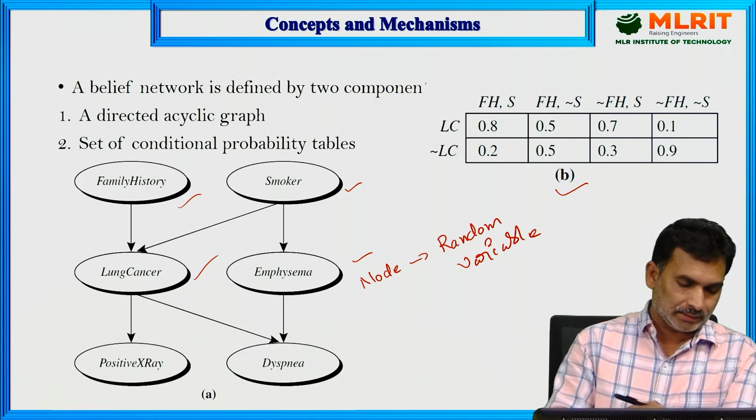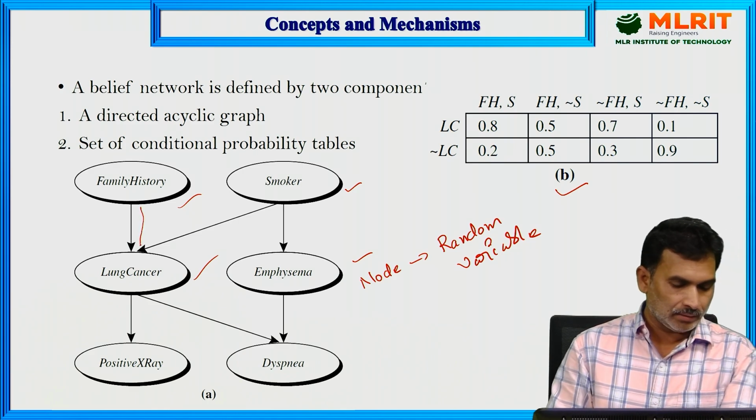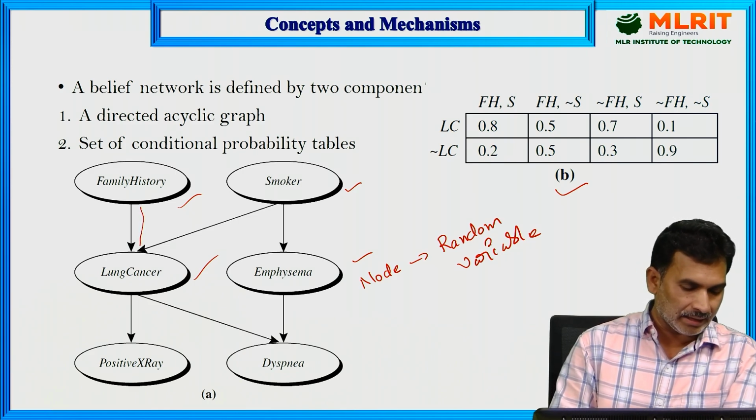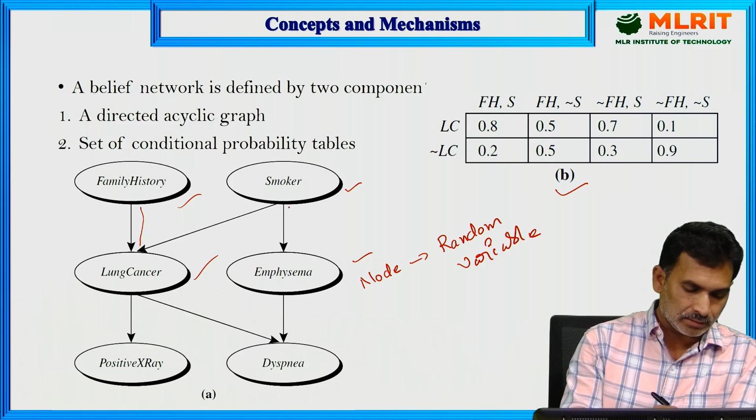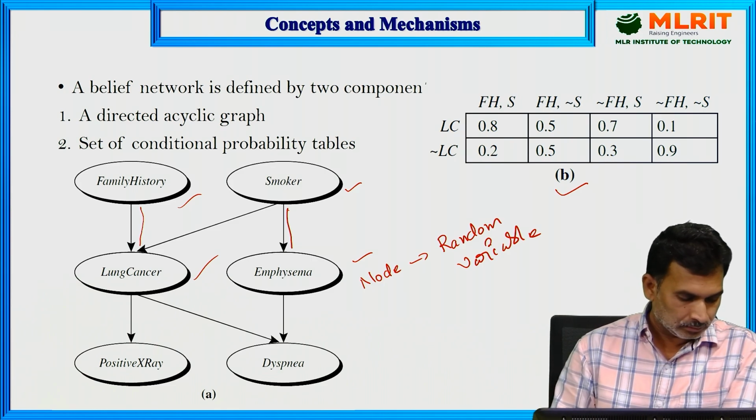It is a directed acyclic graph, so the direction is represented, for example, from Smoker to Emphysema, etc.